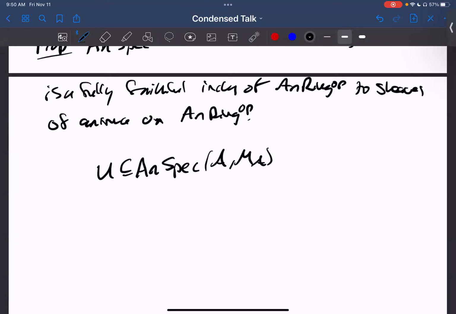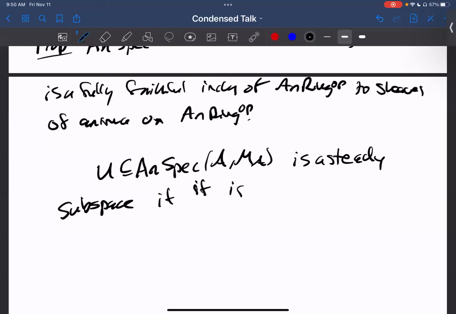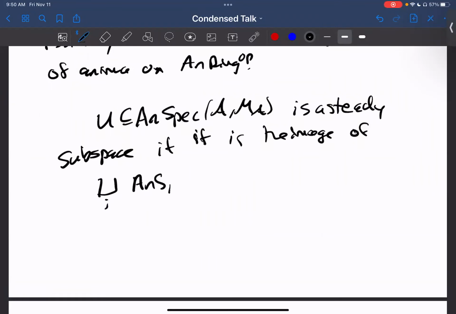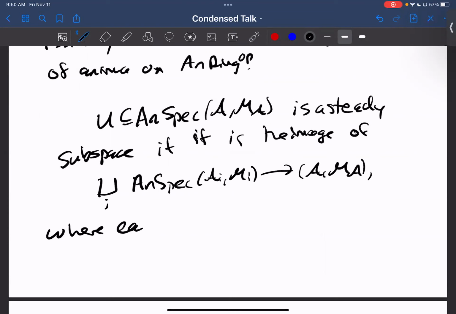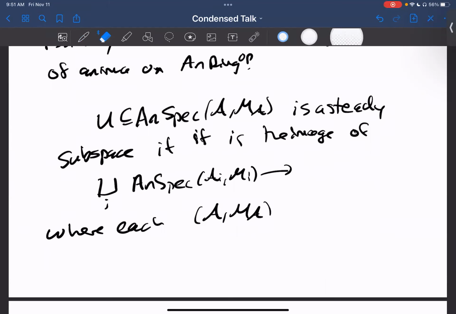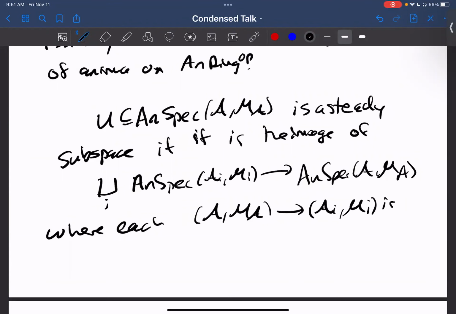So this is a steady subspace if it is the image of some coproduct where each of these maps the other way is a steady localization.